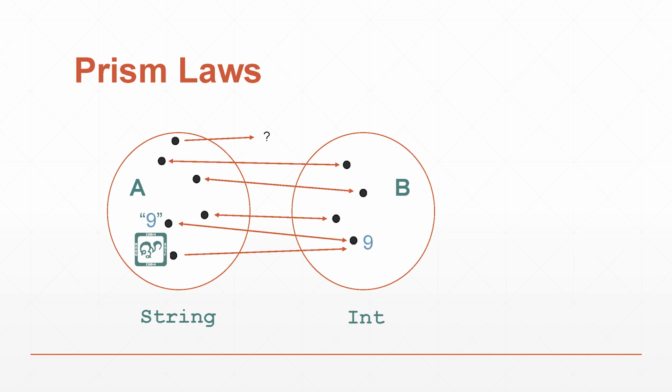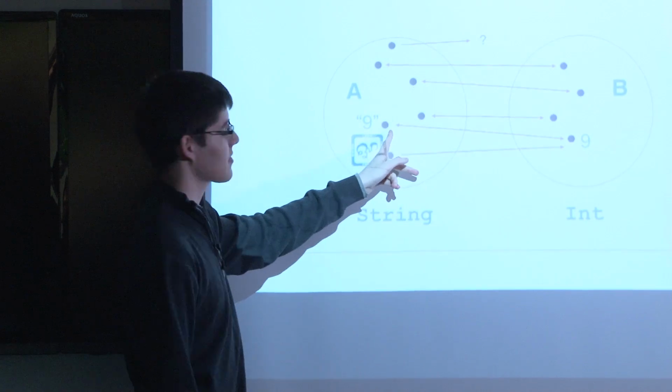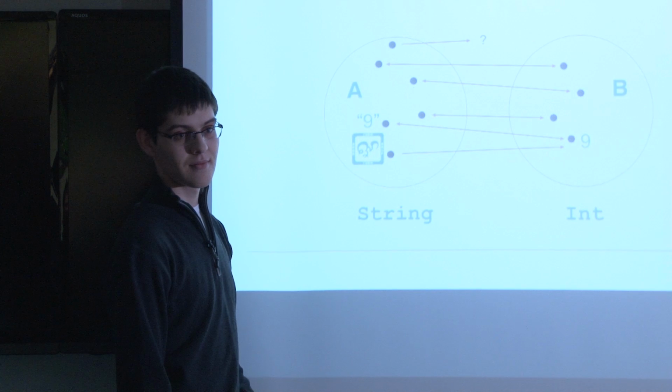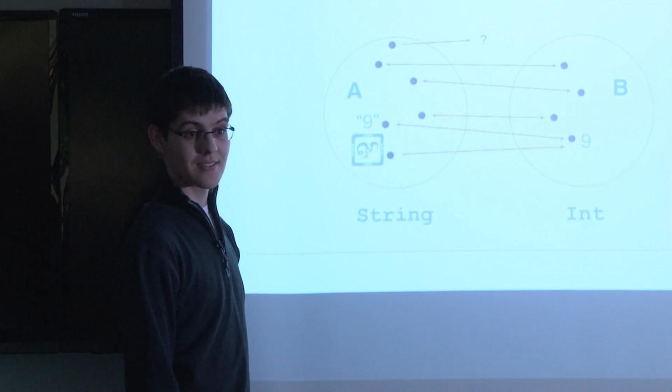So it violates the first prism law, which says that if we have an answer, going back must yield the same. But here we went to 9, and going back gave us the string 9, not the same. There are simpler examples with this. The string 050 maps to 50, yes. But 50 doesn't map back.